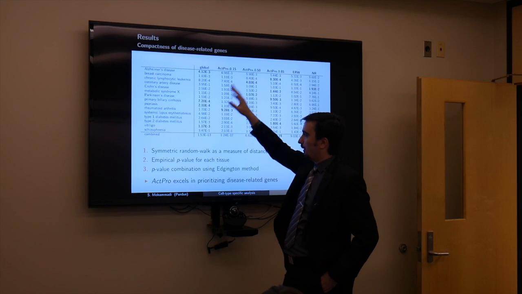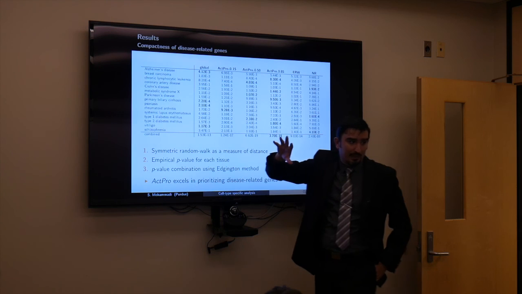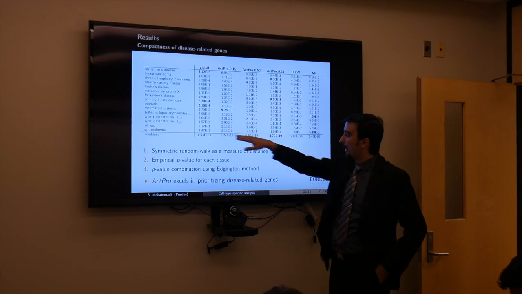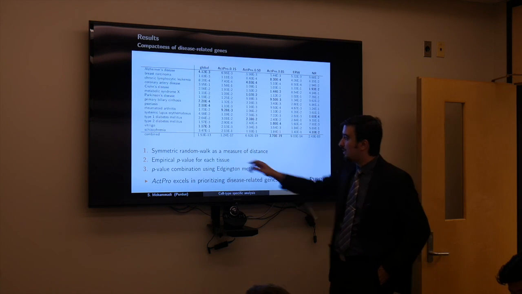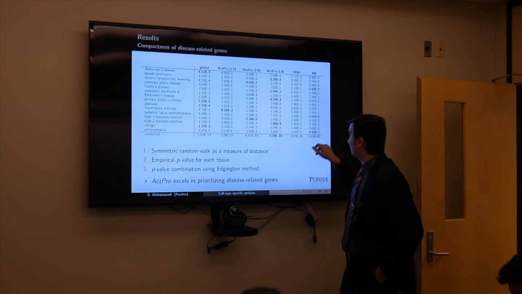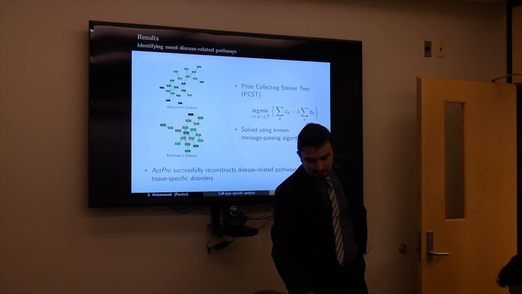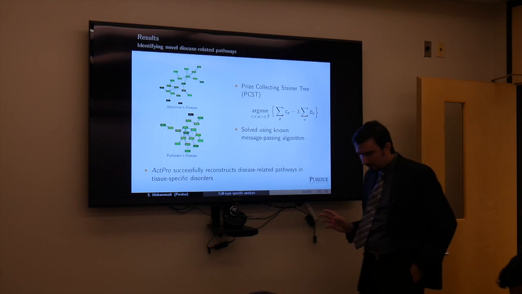Same for a bunch of other disorders that are tissue-specific in behavior. And the final answer is yes. With ActPro, we get better p-values in predicting known tissue-specific genes compared to the global network and networks coming from other methods.